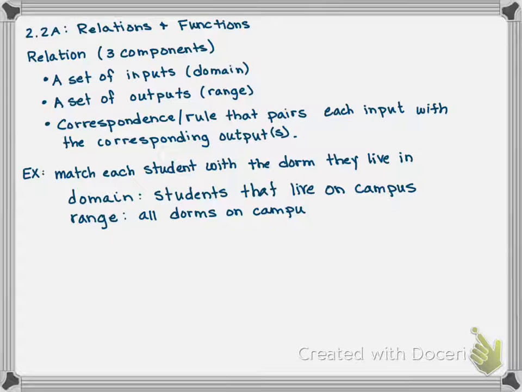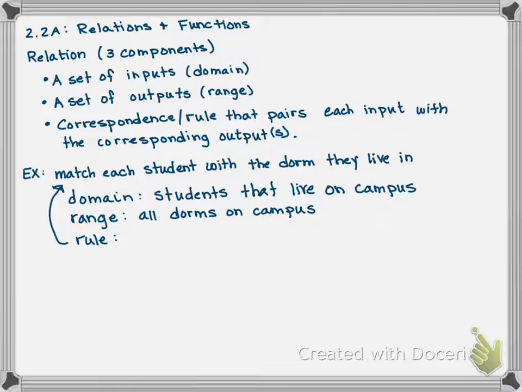And then our correspondence, our rule, is described right here. If you give me a student as the input, then the output is going to be whatever dorm they live in. So that's the simplest case.